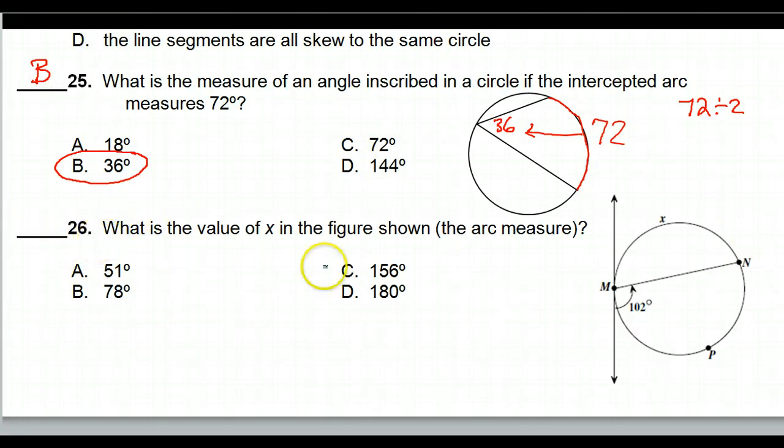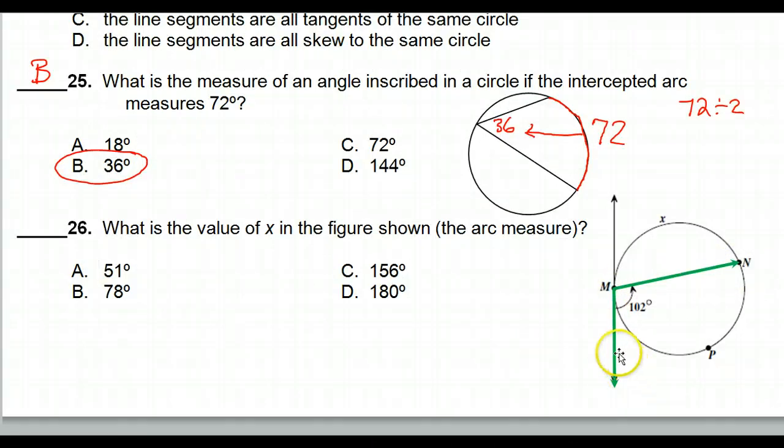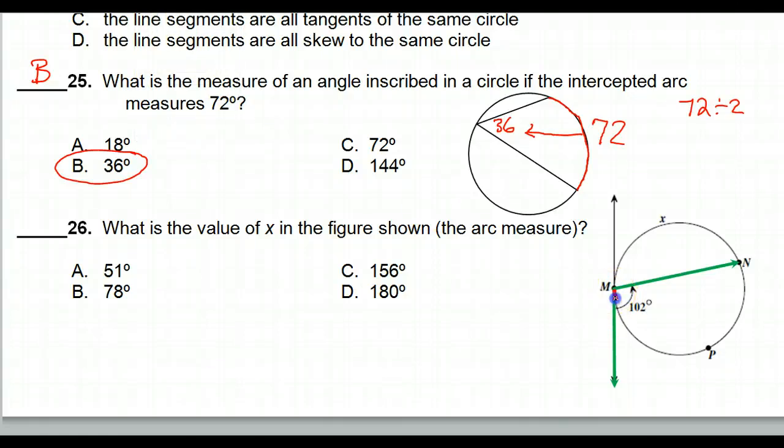Now, number 26 is also an inscribed angle. Even though it's formed by one of its sides as a tangent, this angle right here is an inscribed angle. Its vertex is on the circle. And as such, as we just discussed, the intercepted arc, which in this case goes like this, is the intercepted arc.